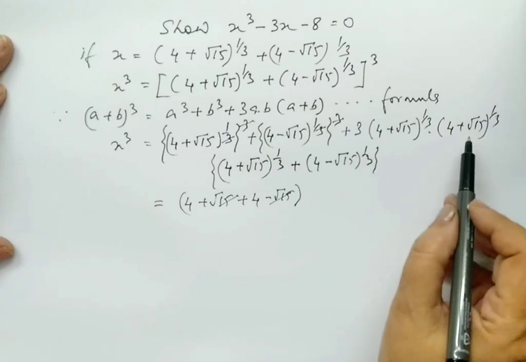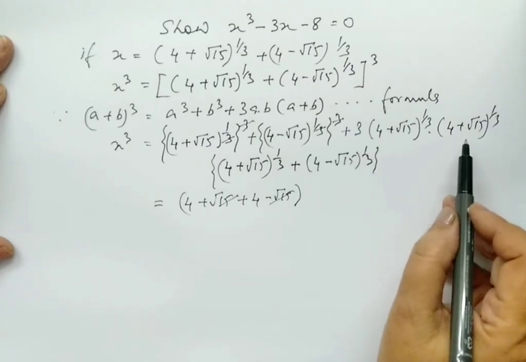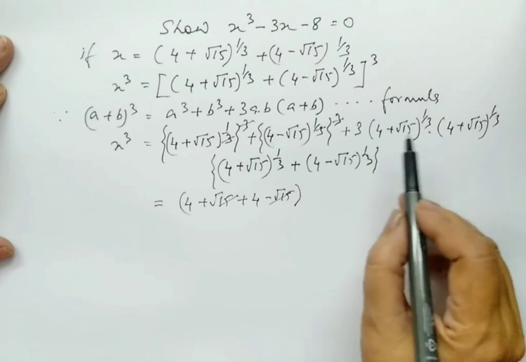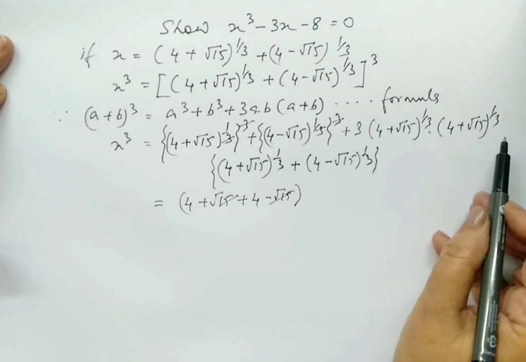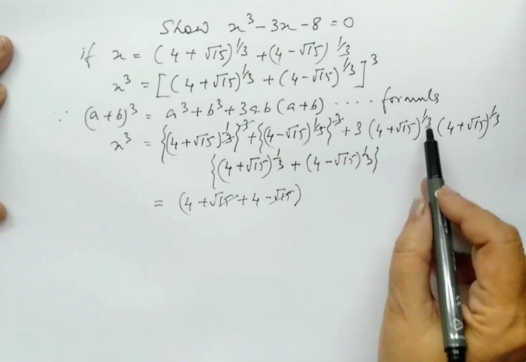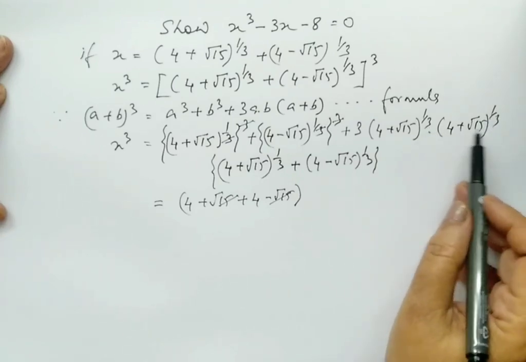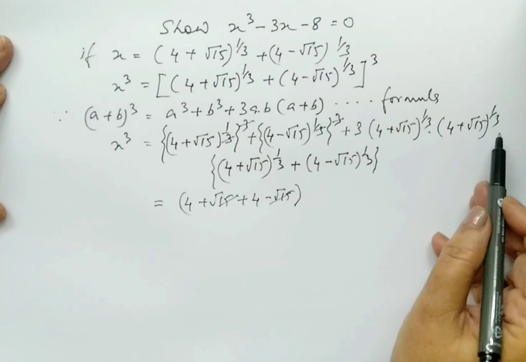Now next, what do we do to this? This is quite intriguing. You have to understand this very well, guys. This is A plus B and A minus B. So well and good so far, but what about 1/3? What do we do to the 1/3 power?